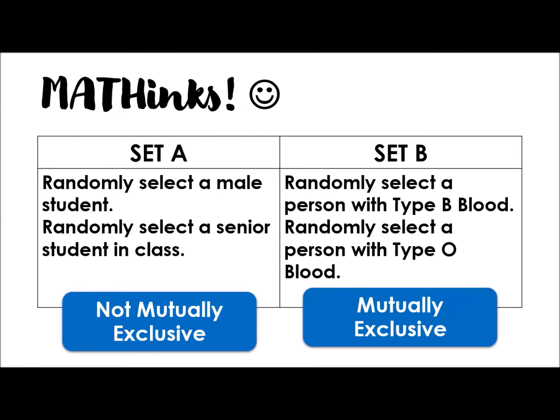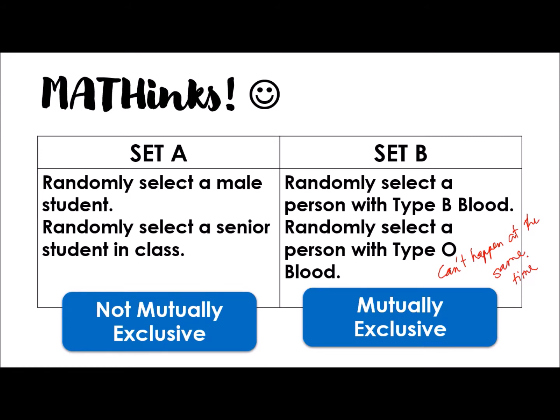So always remember na pagka sinasabi po nating mutually exclusive, we are talking about events that cannot happen at the same time. Okay po? Can't happen at the same time. Or, in problem solving, it doesn't have any common outcomes.